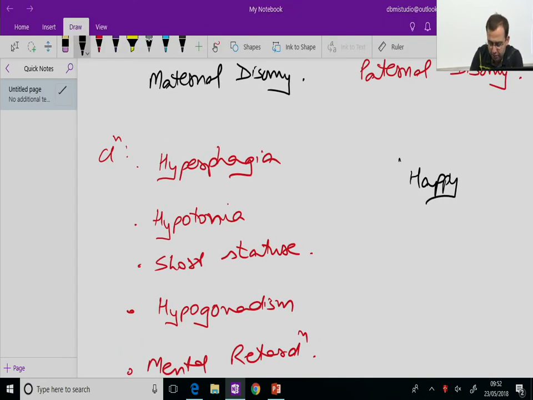So what is happy puppets? It is uncontrollable laughter plus ataxic seizures. Done. This finishes Prader-Willi and Angelman.